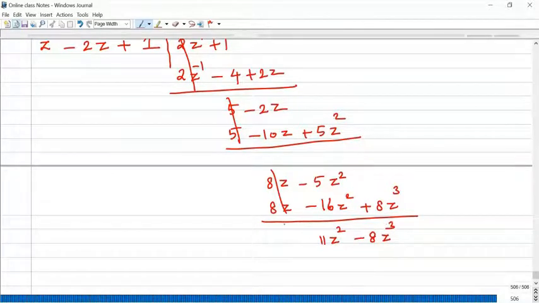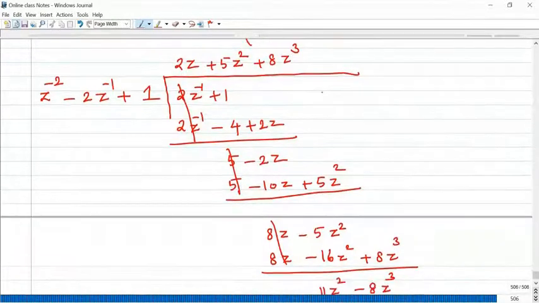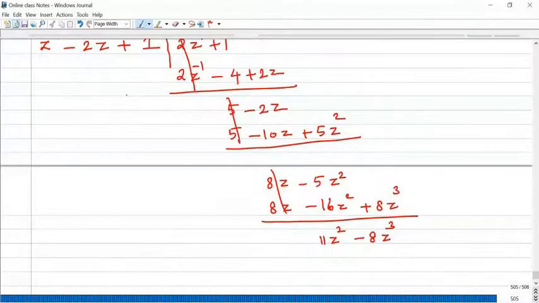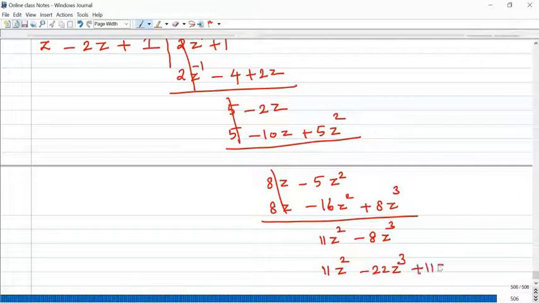So continue the same process, at least a minimum of 6 coefficients. So now we should select 11z power 4, so that this 11z square will be cancelled, right? 11z power 4, z power minus 2. So you will get 11z square, 11z square minus 22z cube plus 11z power 4.